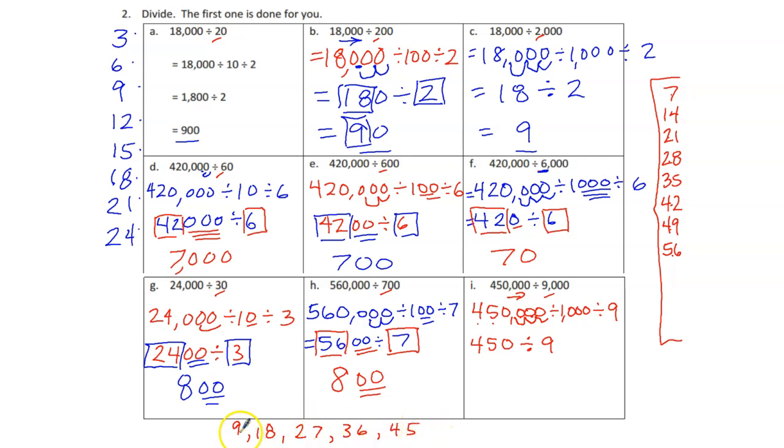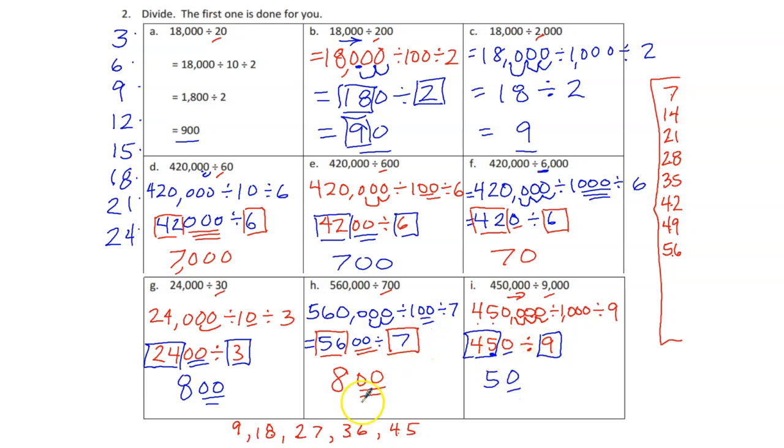I can start right there. 1, 2, 3, 4, 5. I know that 45 divided by 9 is equal to 5. So therefore 45 tens, so 5 is in the tens place, or this extra 0 means times 10. 45 tens divided by 9 is 5 tens.